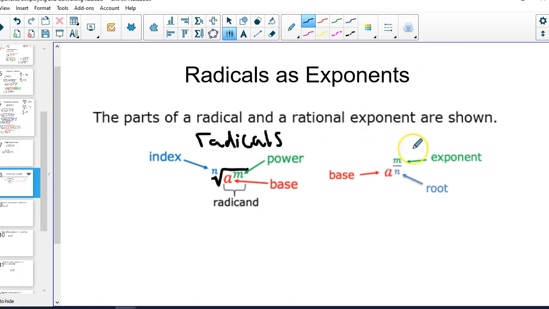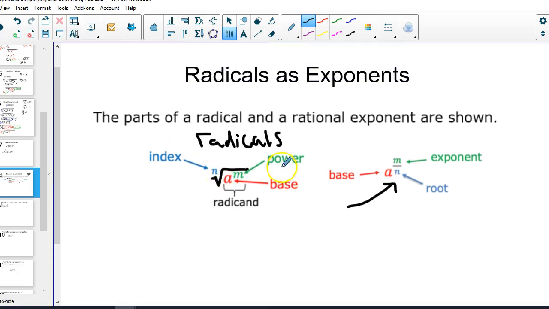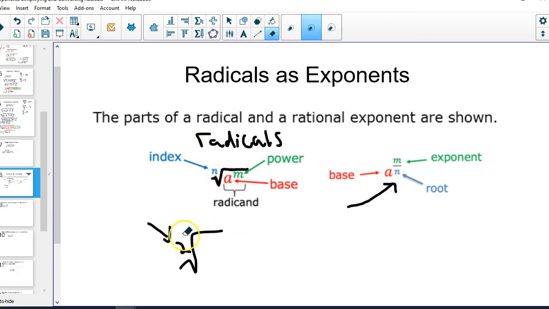You notice, what the radical is really representing is like a fraction inside of the power. So this index that we're working with, the square root, for instance, has an index of 2. If we had a 3 there, we'd have an index of 3.